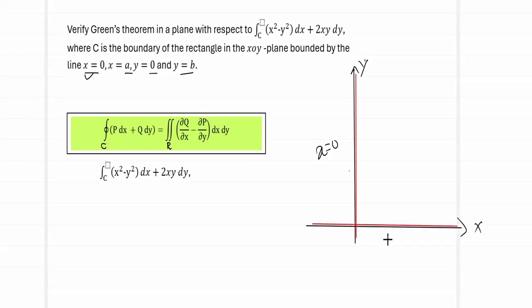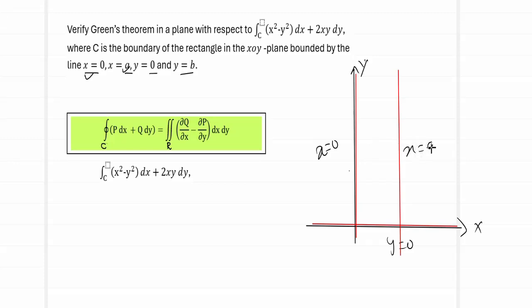Now next comes x equal to a. How is x equal to a? A line parallel to your y-axis. So it is drawn in a similar pattern to your y direction. So this is going to be my line, say x equal to a.